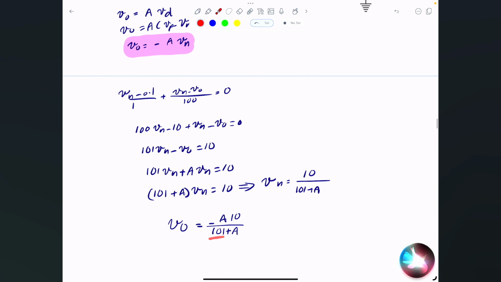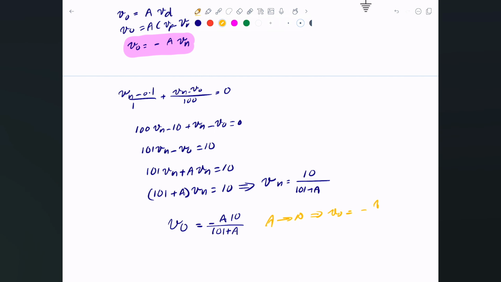So if A tends to infinity, V naught will tend to negative A times 10 divided by A, and of course A cancels with A, so that's negative 10 volts, and that's what we've seen a few minutes ago.